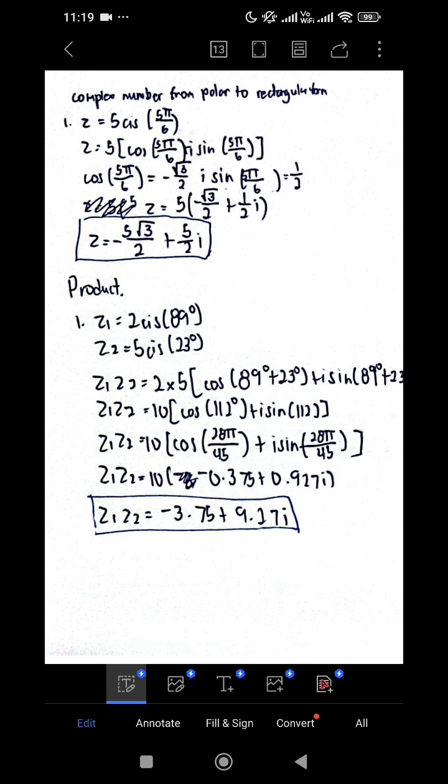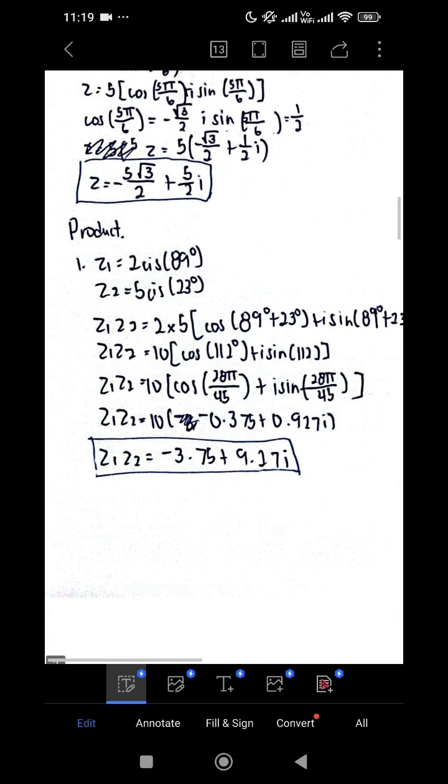Next, we will get the product. The given values are z1 is equal to 2 cis 89 degrees, and z2 is equal to 5 cis 23 degrees. So we will use the formula z1 multiplied by z2.